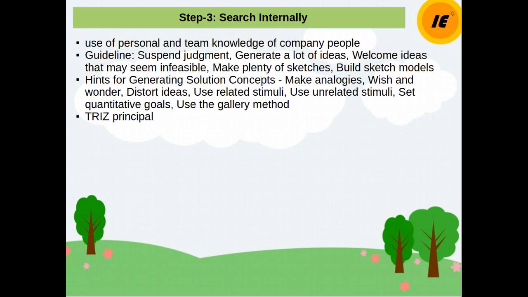Now something that I was interested in is something called the TRIZ principle. In the 1990s, the Russian problem solving methodology called TRIZ, a Russian acronym for the theory of inventive problem solving, began to be disseminated in Europe and in the United States. The methodology is primarily useful in identifying physical working principles to solve technical problems.